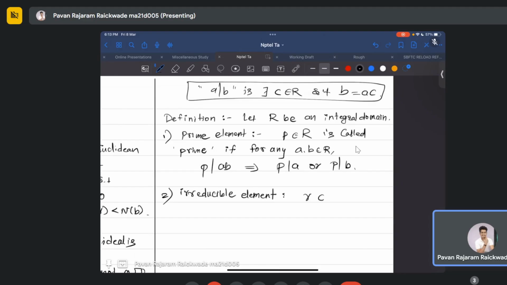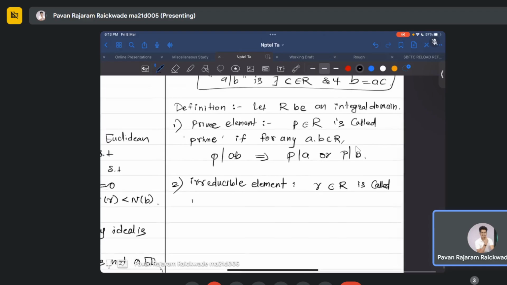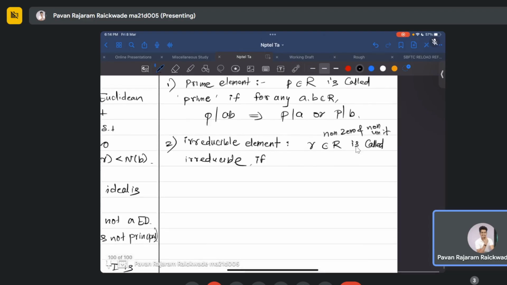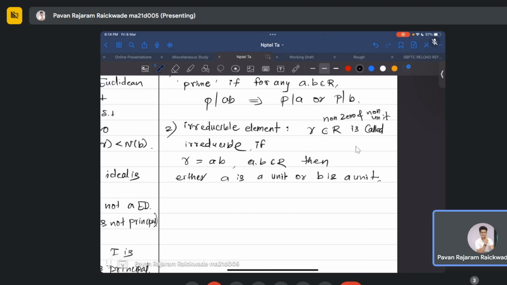An element R which is non-zero and non-unit is called irreducible if whenever you write R as AB with A, B belonging to R, then either A is a unit or B is a unit. That is, basically no non-unit element other than trivial ones can divide R.